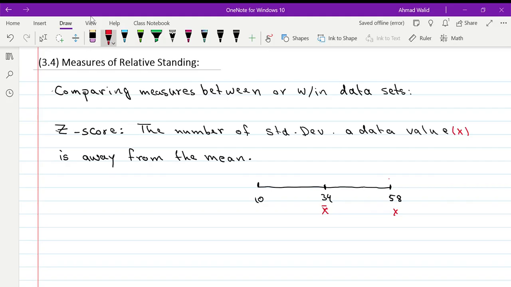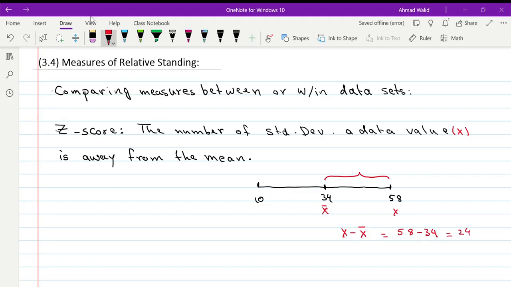To find the distance from X bar to X, we always subtract X bar from X, which here gives me 58 minus 34, which gives you 24, correct?